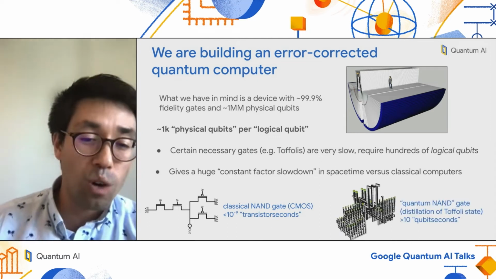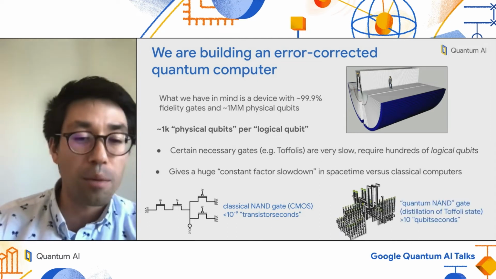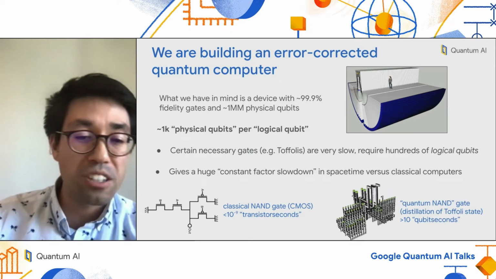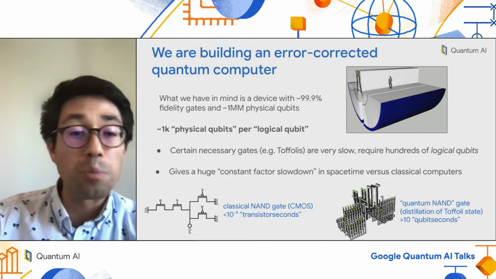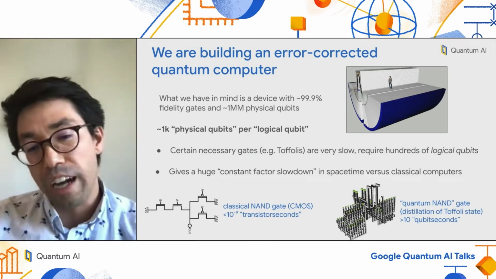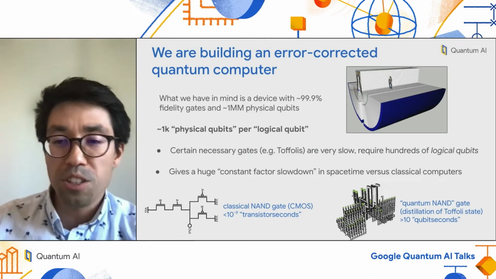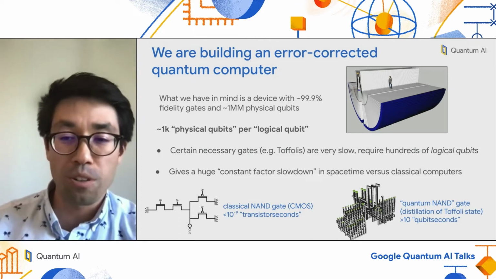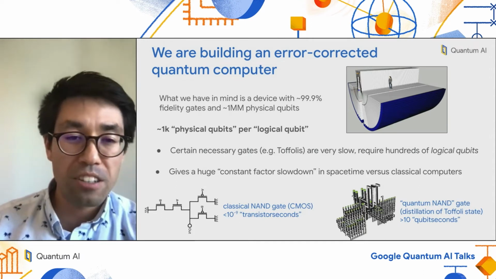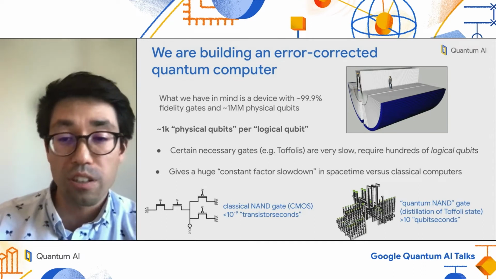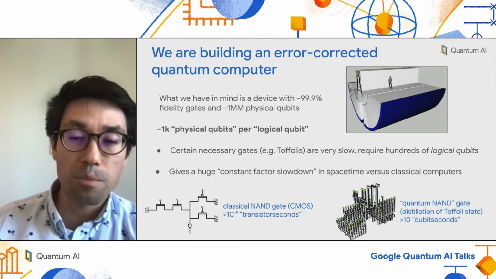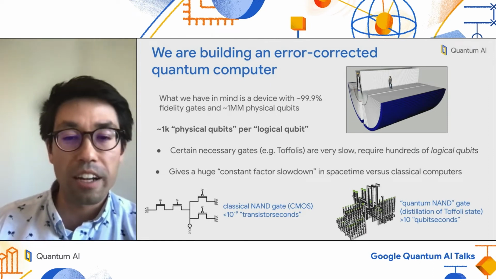If we consider the quantum equivalent of the same type of operation, a quantum NAND, or distilling a Toffoli gate, this has a space-time volume greater than tens of qubit seconds. And this is generally what people call a T-factory. And so this is why it's really important to go beyond asymptotic scalings when thinking about defining quantum advantage in physical simulation, or even just searching for it. We need to understand how these large computational speed differences affect the underlying rates.